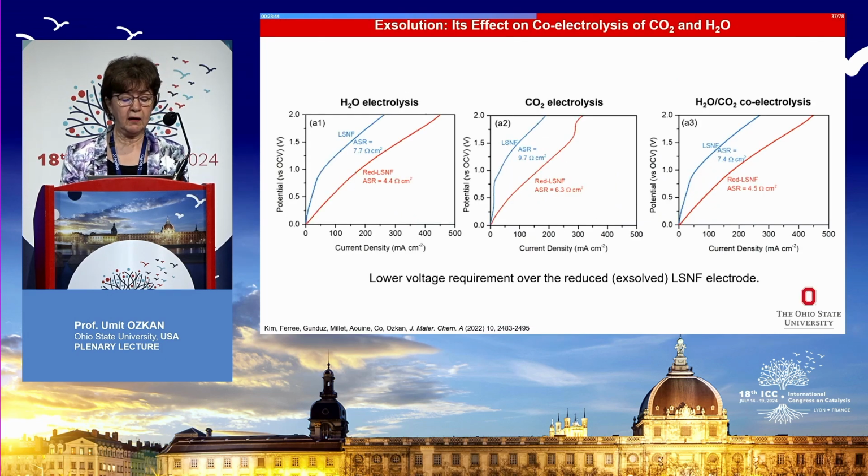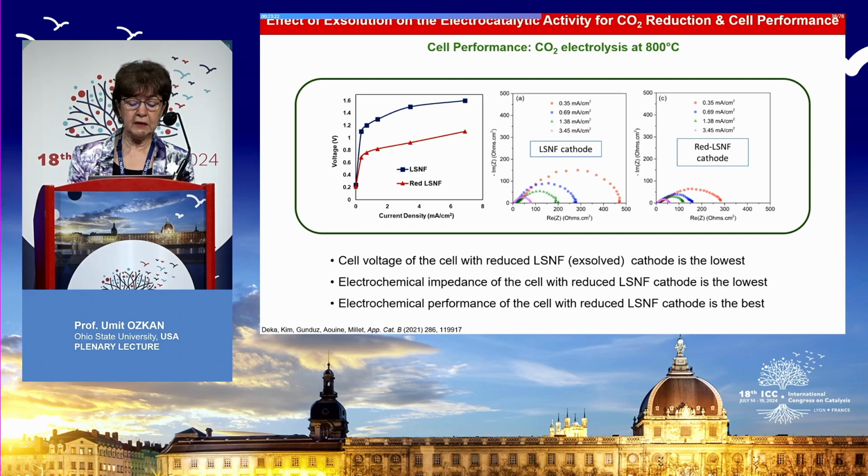If we look at how the potential is changing for water electrolysis, CO2 electrolysis, or co-electrolysis of water and CO2, again, in each case, the sample which has gone through the reduction is giving us a lower voltage, which is good. That means less electricity for the electrolysis. And if we look at the impedance data, electrochemical impedance is lower for the sample that has gone through the exsolution.